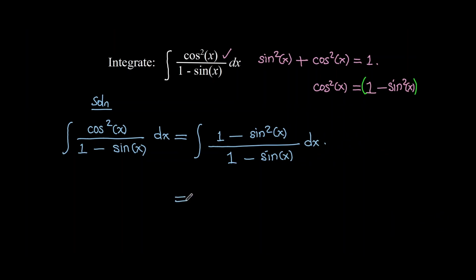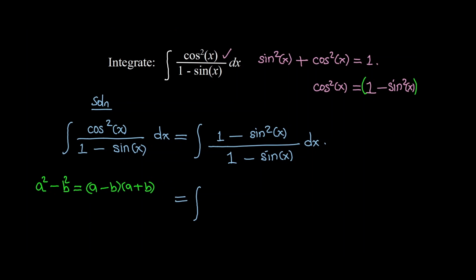When you look at the numerator again, this is a difference of two squares, since 1 can be expressed as 1 squared. If you have a² minus b², this can be expressed as (a minus b) times (a plus b).